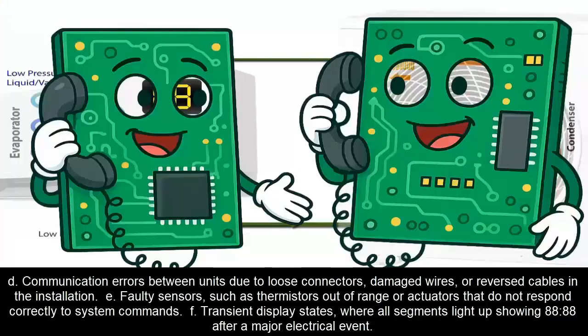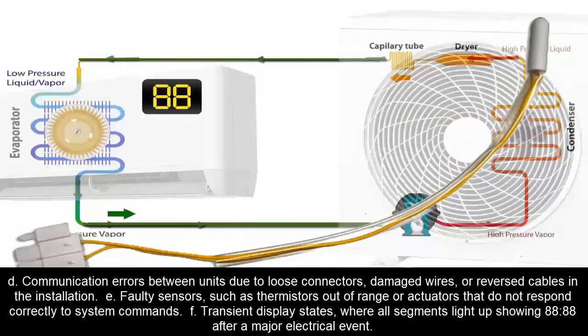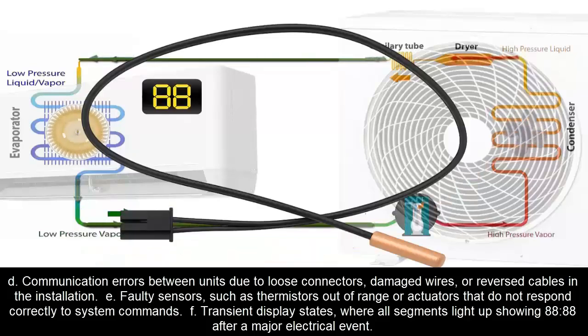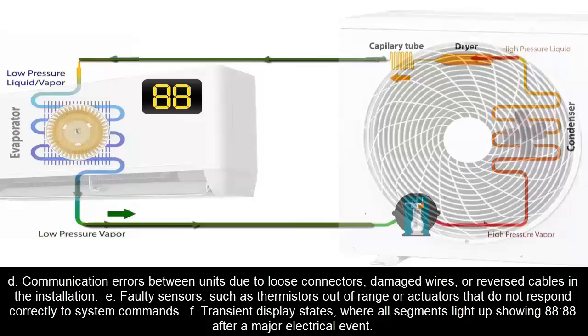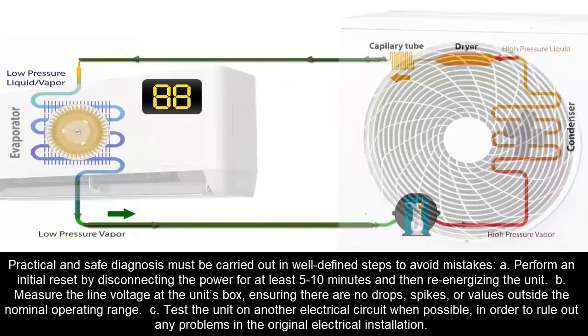D. Communication errors between the units due to loose connectors, damaged wires, or reversed cables in the installation. E. Faulty sensors, such as thermistors out of range or actuators that do not respond correctly to system commands. F. Transient display states where all segments light up showing 88.88 after a major electrical event.